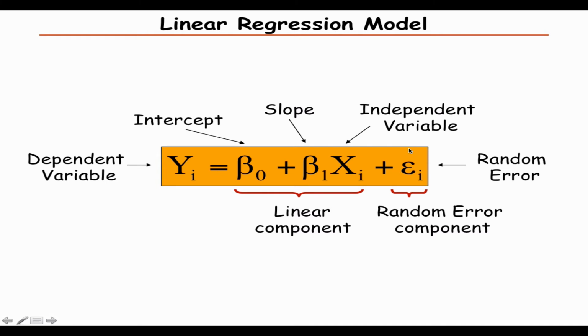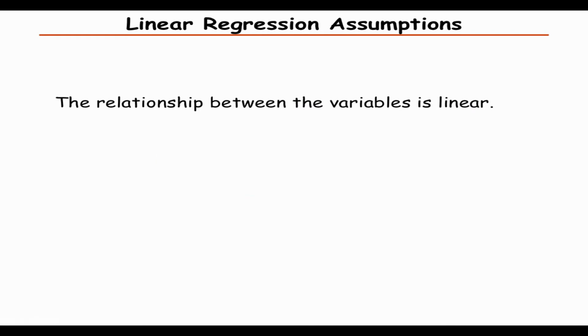So now if we look at what the assumptions are, the main assumption when we do linear regression is that the relationship between the variables actually is linear.